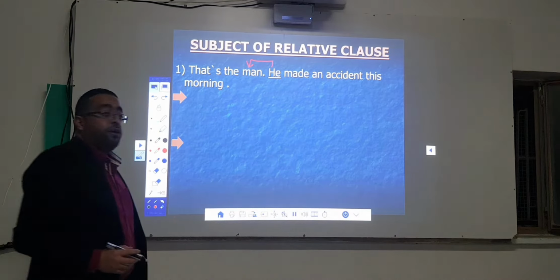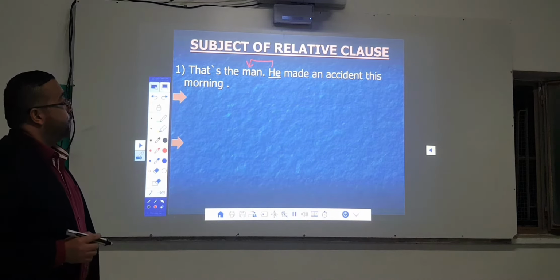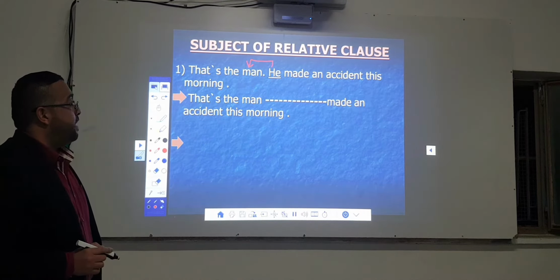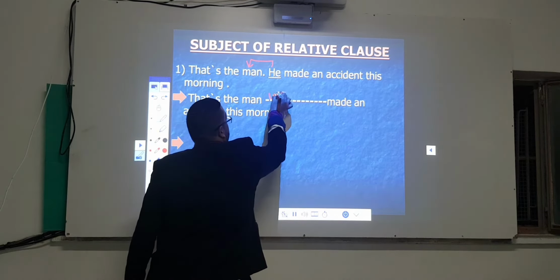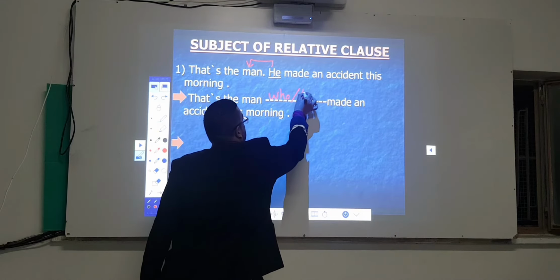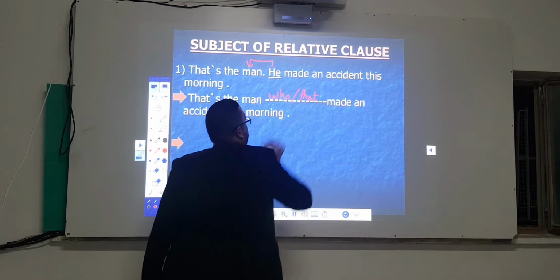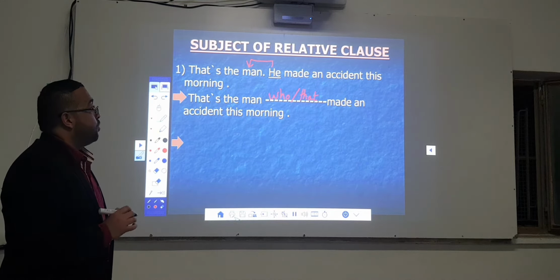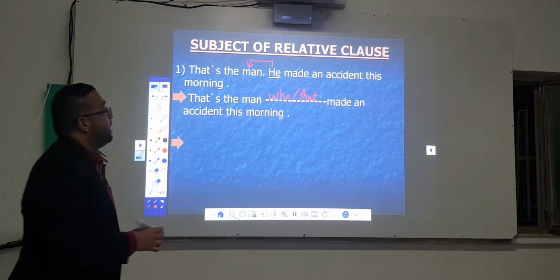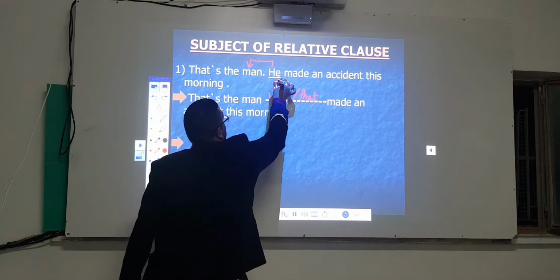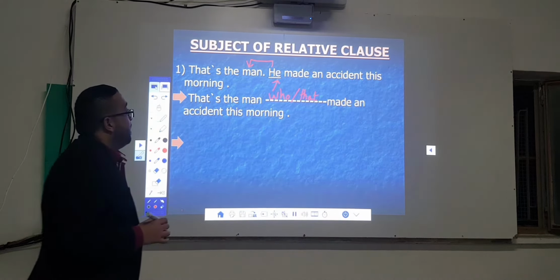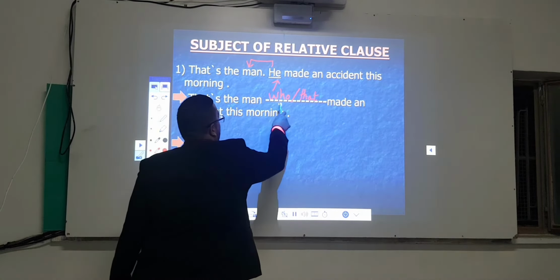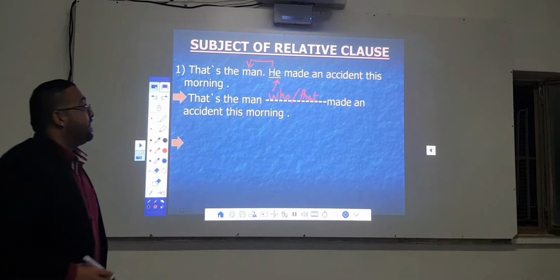If we want to join these sentences together to form a meaningful sentence, the answer is: that's the man who or that made an accident this morning. We use who or that instead of the pronoun he because both of them are subject, and we call these who or that subject relative pronouns.